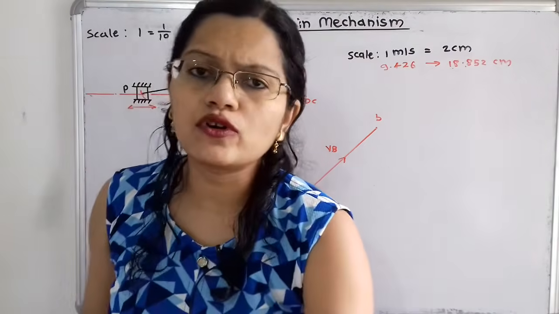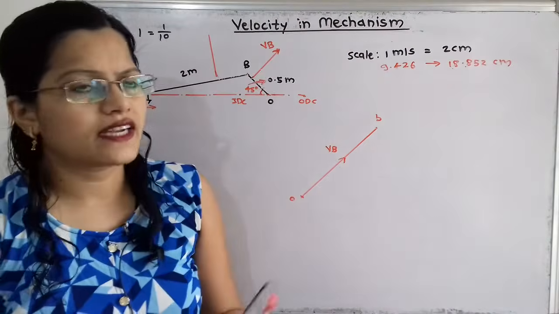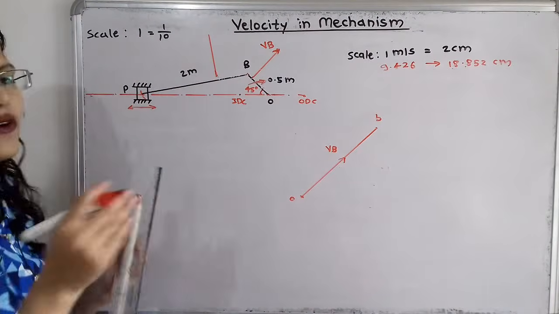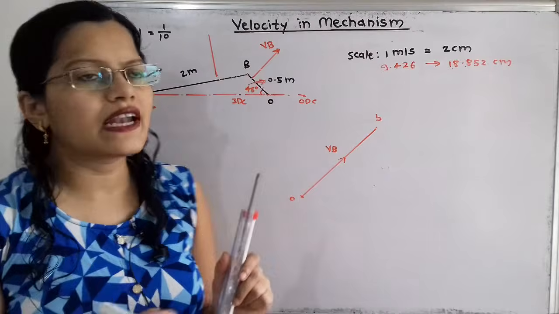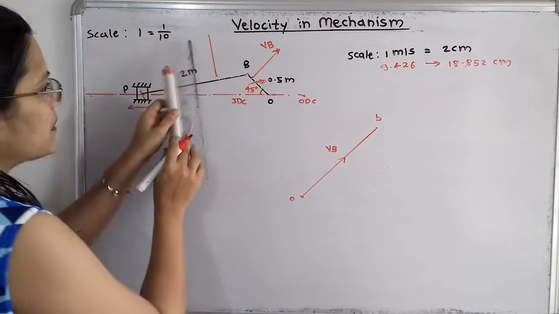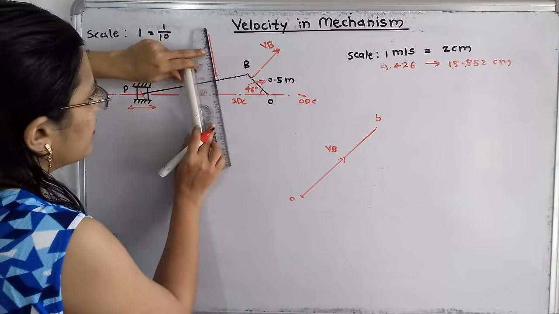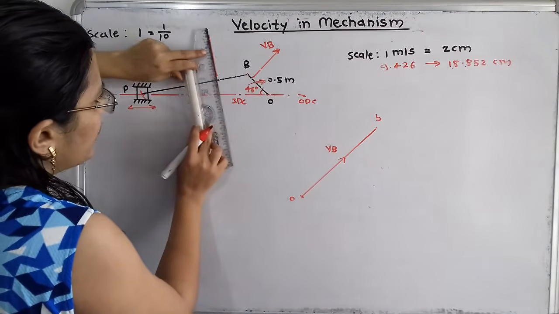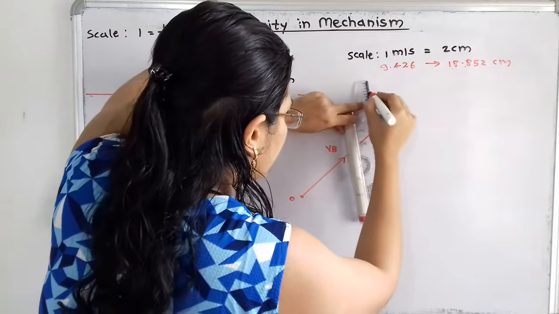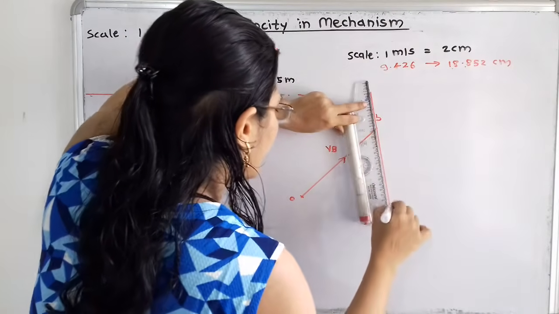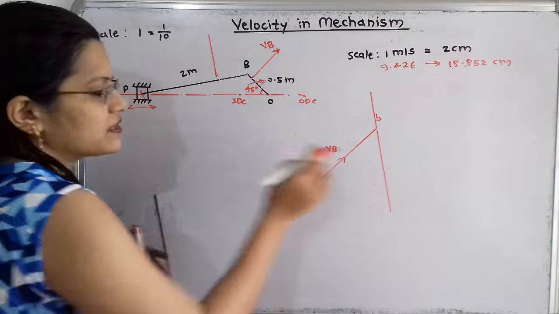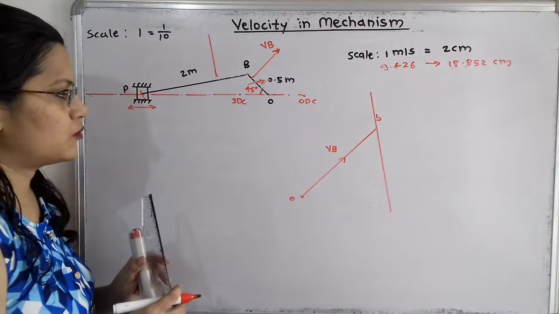But currently we don't know whether the direction is downward or upward. So now I have to draw one line passing through this point B and parallel to this perpendicular line. I am taking it here with the help of the roller, a line parallel to this and passing through B. On both sides of B I will draw the line, in the upward direction and in the downward direction also.